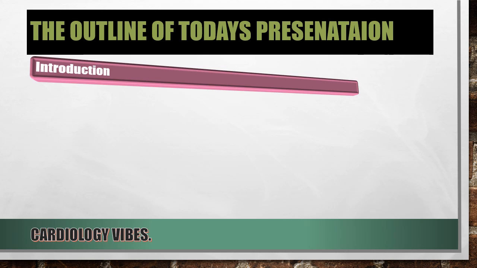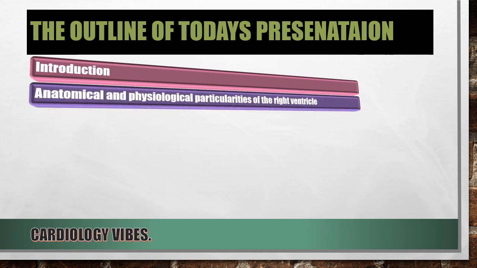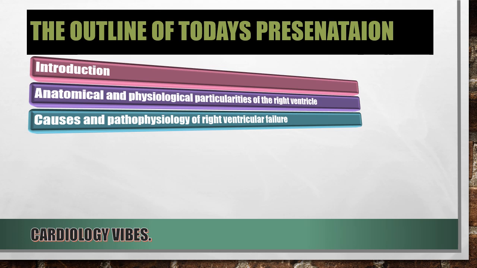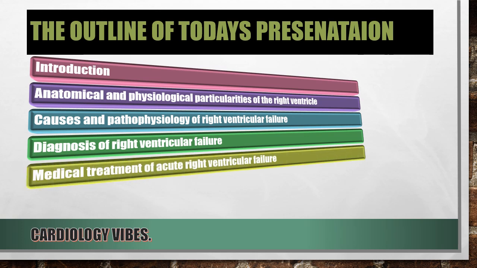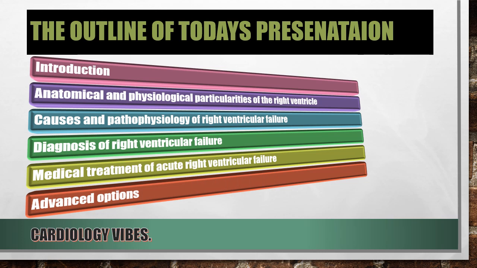Introduction to the right ventricular anatomy, physiology and pathophysiology, the anatomical and physiological particularities of the right ventricle, causes and pathophysiology of right ventricular failure, diagnosis of right ventricular failure, medical treatment of acute right ventricular failure, and in the last section I will go through some advanced options in patients who have refractory or end stage right ventricular failure.